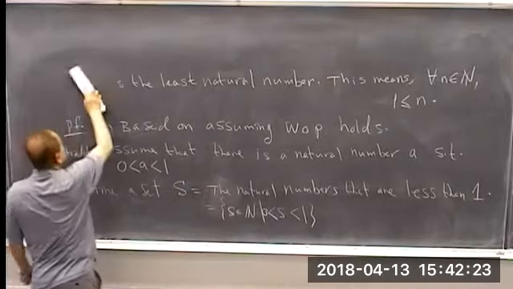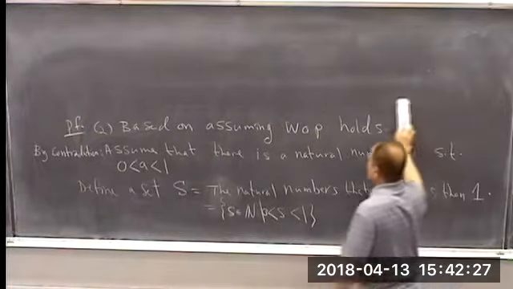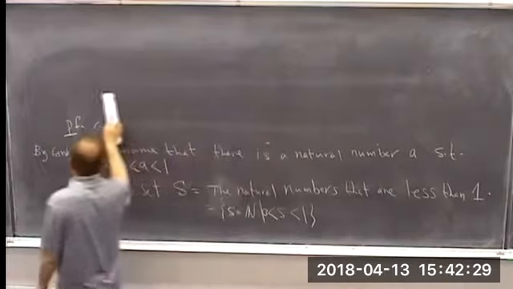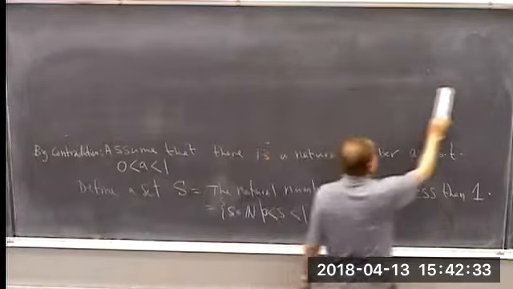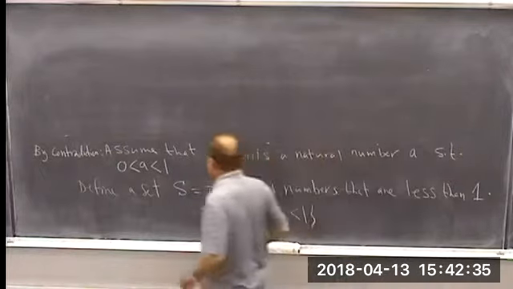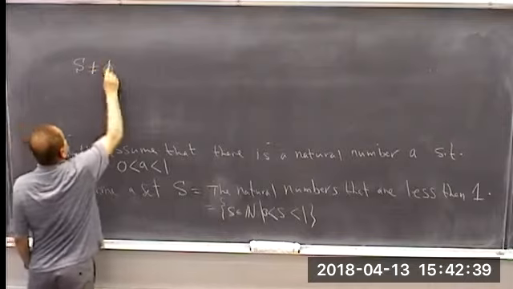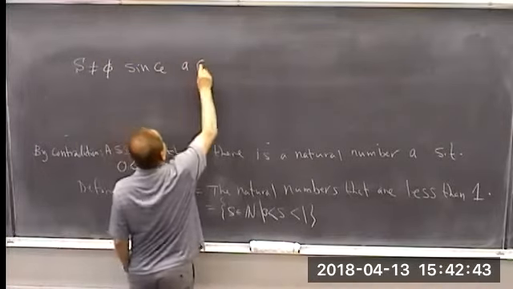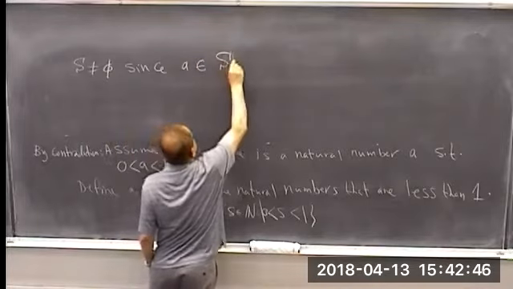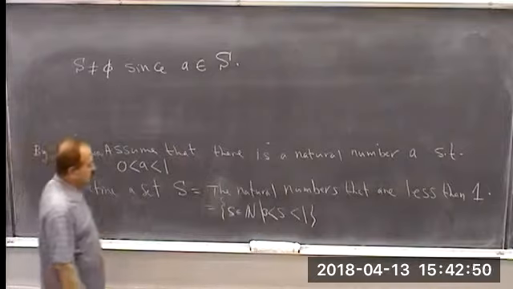So let me write this down. It's an important piece of information. I claim that S is not empty since A is in S. The S we have just defined is all possible numbers that are smaller than 1.